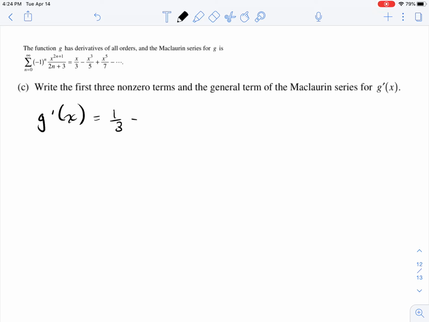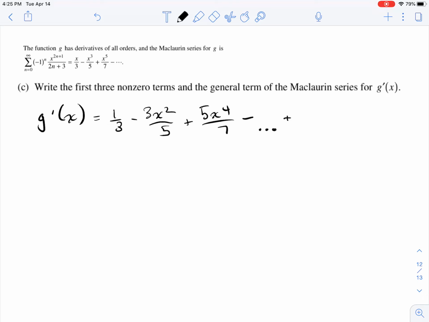The derivative of x cubed over 5 is going to be 3x squared over 5. The derivative of x to the 5th over 7 is 5x to the 4th over 7. And this is an alternating series, so we're going to put that minus sign there. And it only asks for the first three non-zero terms, so I'm just going to do this dot, dot, dot. Say, hey, there's an infinite number of terms between that and what we're going to write for our general term.